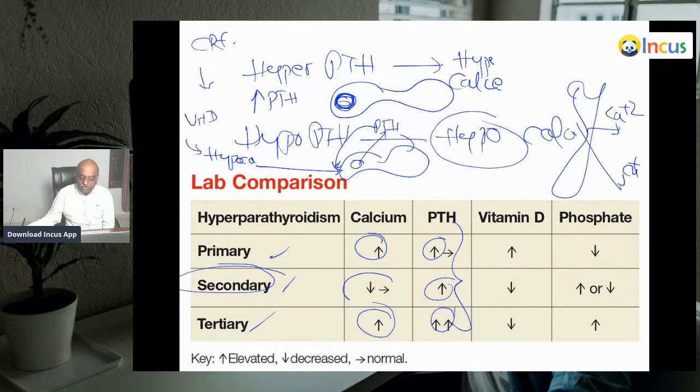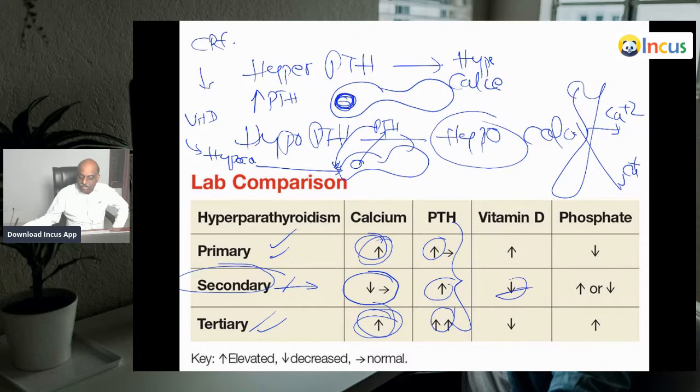And that makes a low calcium become at most normal calcium, not high calcium. So the only hyperparathyroidism with normal to low calcium is secondary. In primary and tertiary, calcium is high.